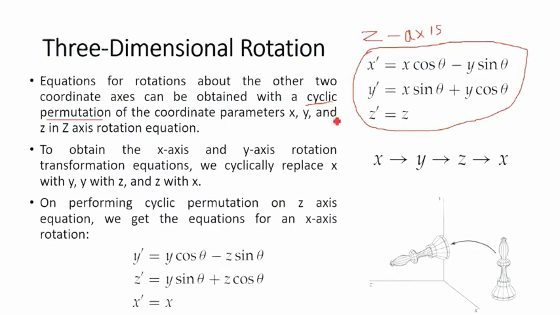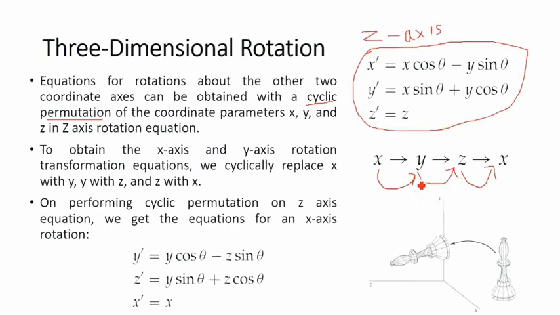It means that x in an equation is changed to y, y is changed to z, and z is changed to x. Once I change this notation, I would have performed one cyclic permutation. So replacing x with y, y with z and z with x gives one cyclic permutation. If I repeat this, that gives me the second cyclic permutation. I can keep on doing that.